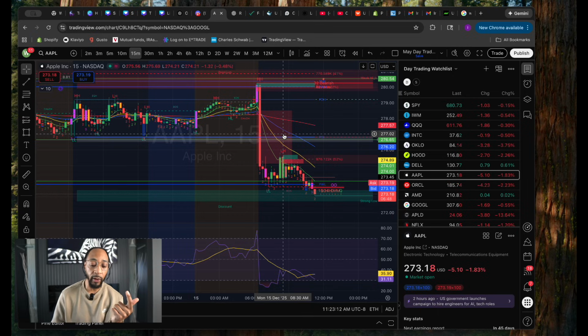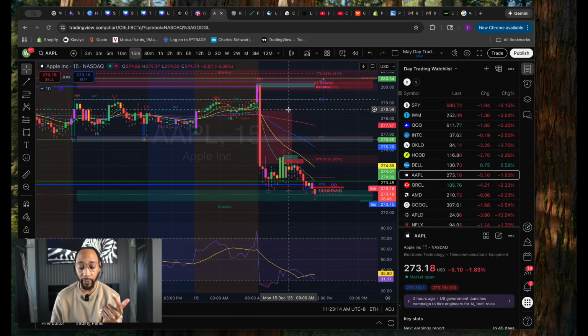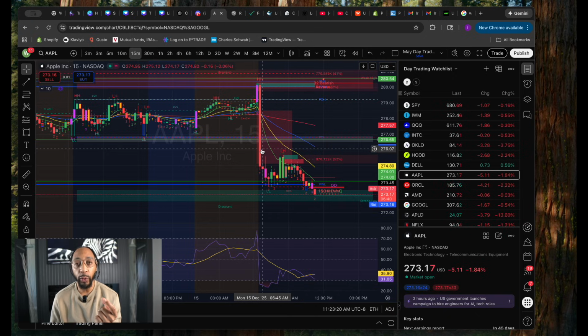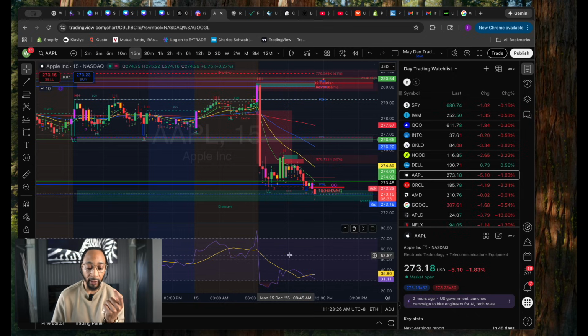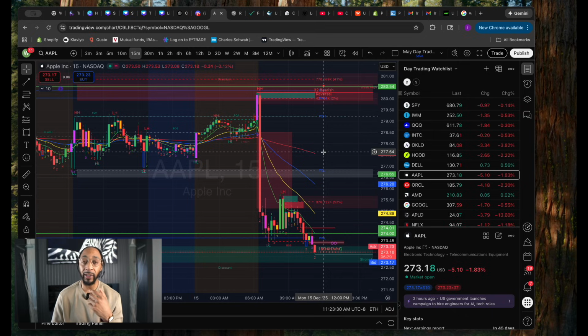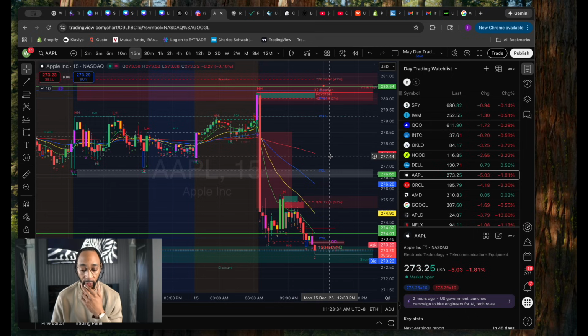And then we need to know, is there a fair value gap, right? Because a fair value gap is an area of liquidity, okay? So if we can get through the fair value gap, that is going to let me know that we're reversing, okay? So I need to take this RSI off. I don't pay attention to the RSI as much as I used to, like a year or so ago, because it's not always accurate, right?